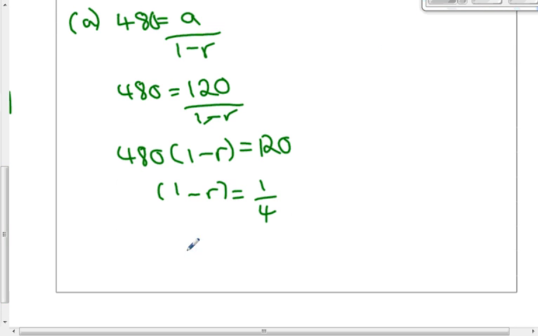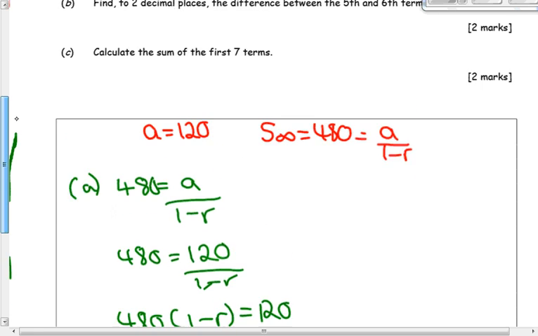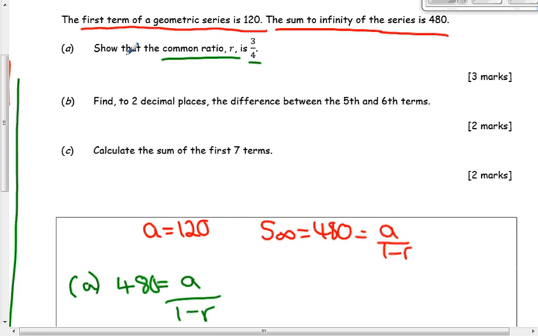And then that means that if I bring my 1 over 4 over to this side and my R over to this side, I'll have 1 minus 1 over 4 is equal to R. So R equals 3 over 4 as required. So that's part A done.